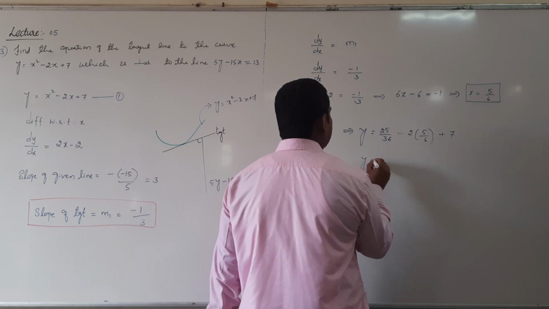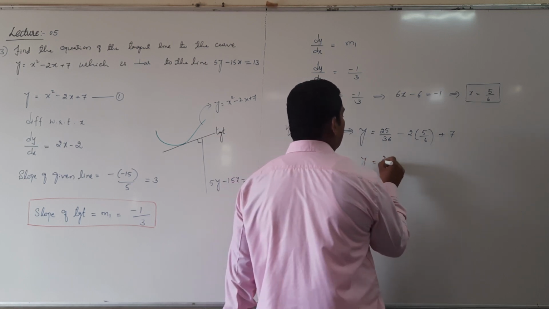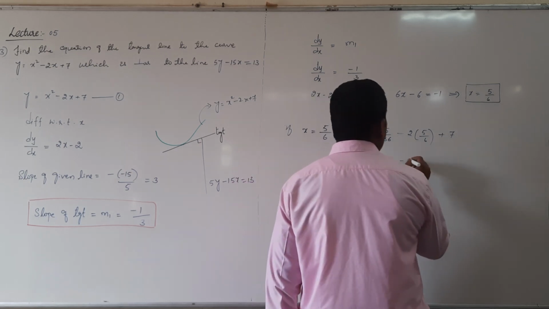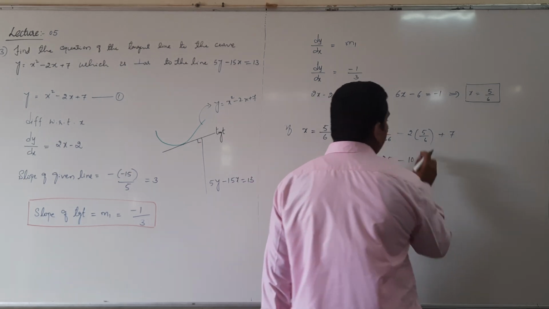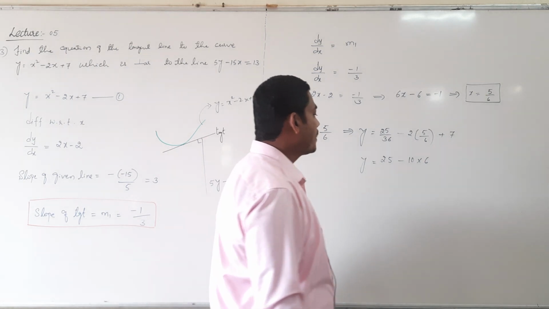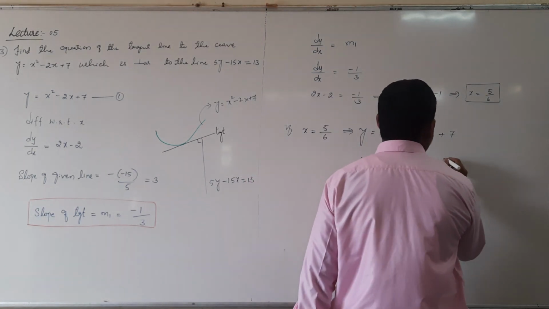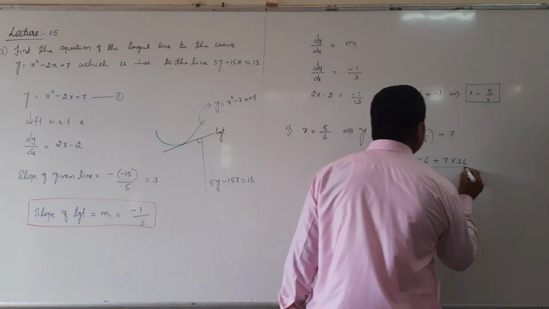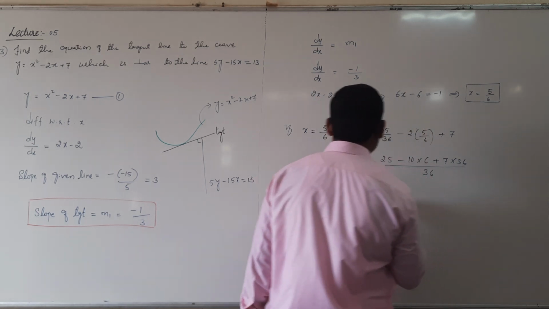Just take the LCM, then y is equal to 25 minus 10 into 6, because the LCM is 36, plus 7 into 36, whole thing divided by 36.